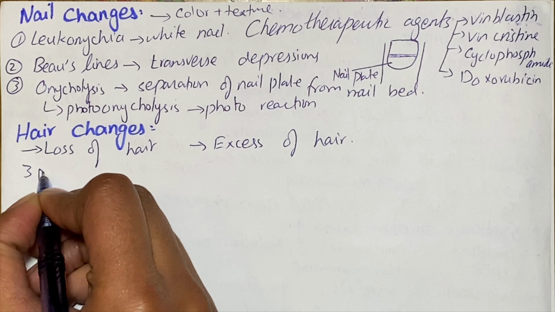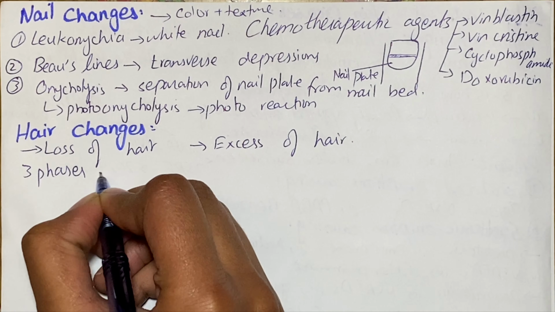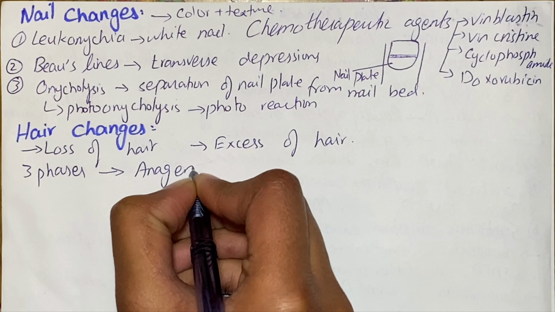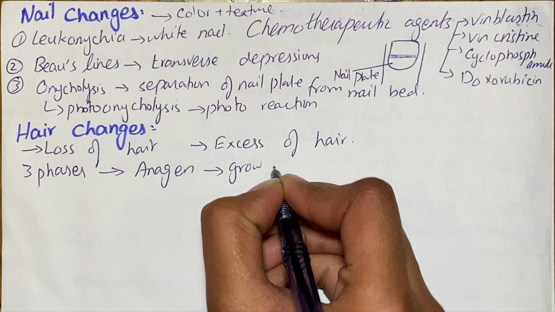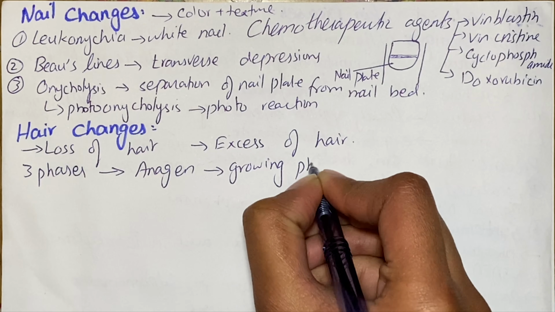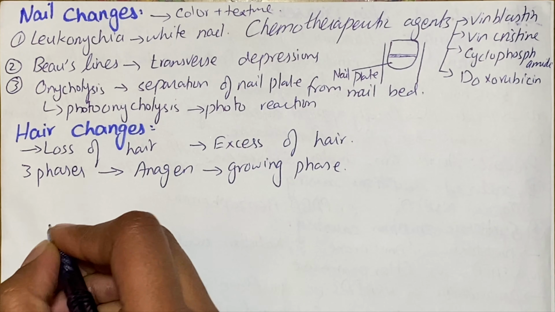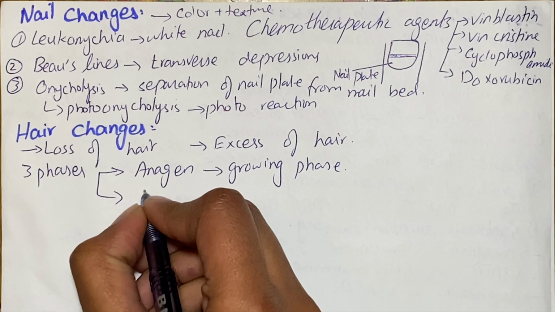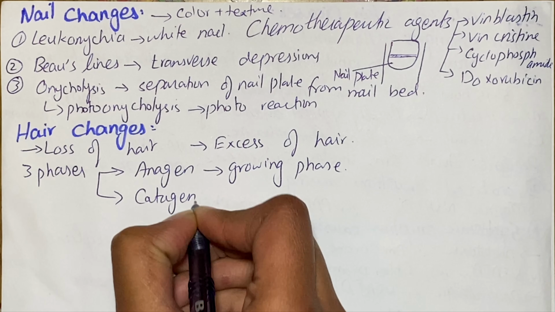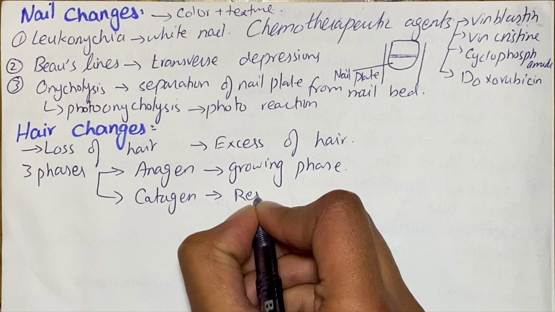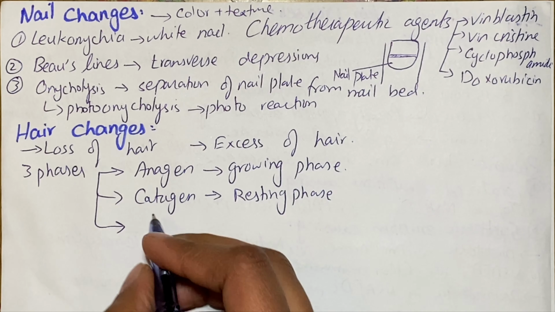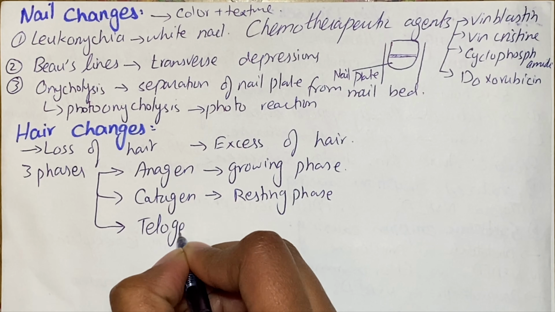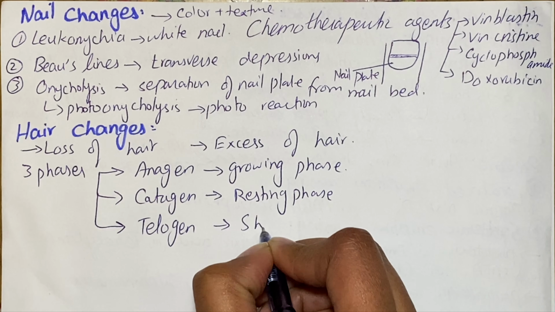There are actually three phases, which are anagen, that is the growing phase, hair follicle growing phase actually, and number second is catagen, that is resting phase, and after that telogen phase, which is actually shedding.